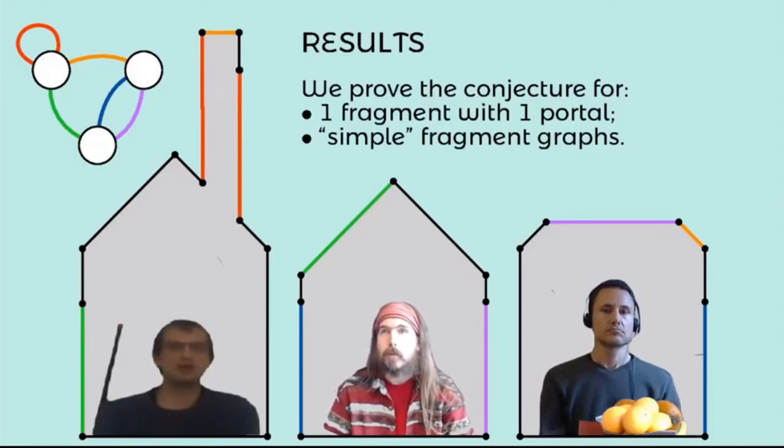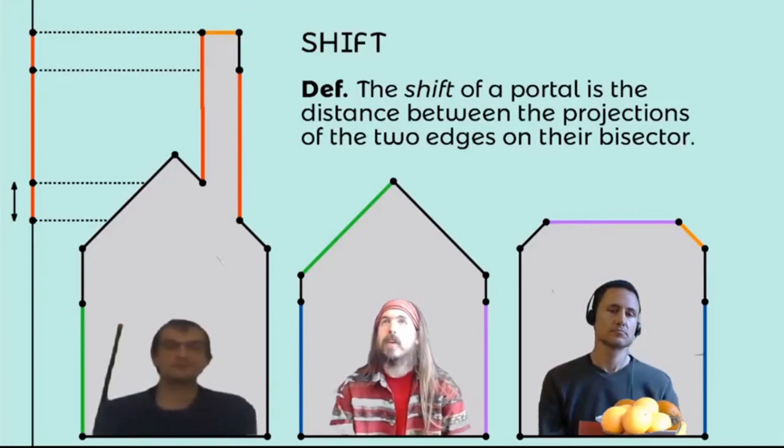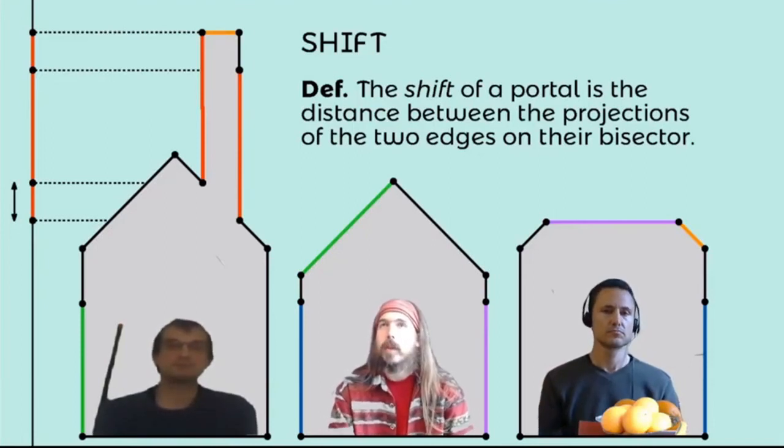When two of the edges are parallel, we can take their starting points, project them onto a parallel line, and look at the distance between these starting points. We call that the shift of the portal. Right, so right now the shift of your chimney is like one chimney width.